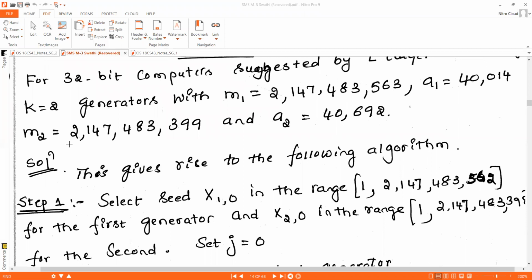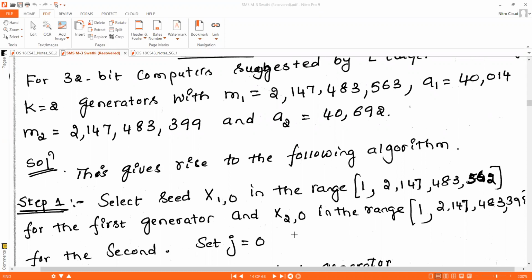M minus 1 is 2,147,483,398. So we need to select the seed value x2,0 in the range of 1 to 2,147,483,398. Within this range, we select the seed value x2,0 for the second generator.